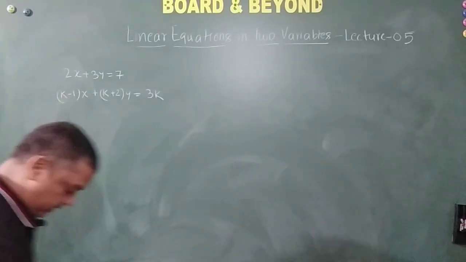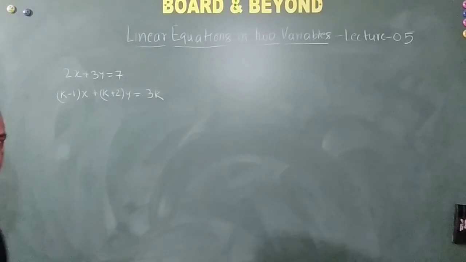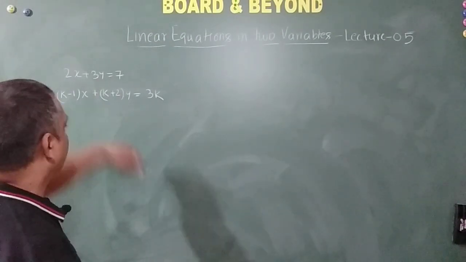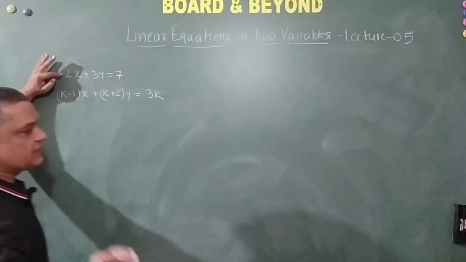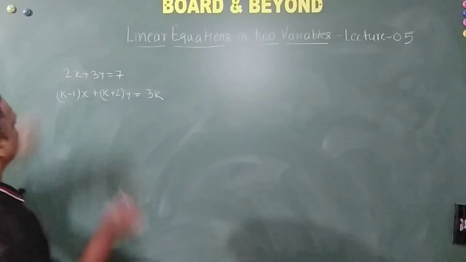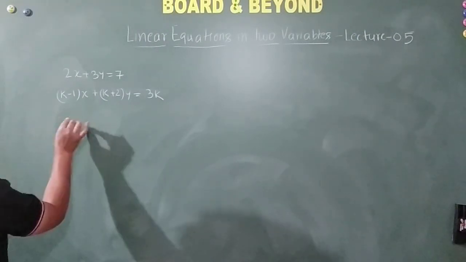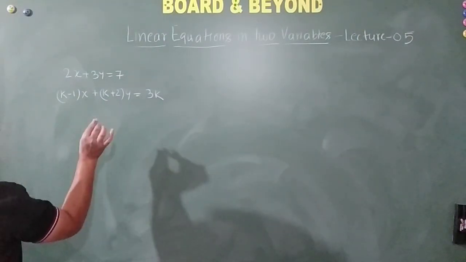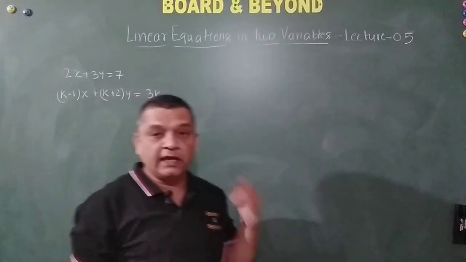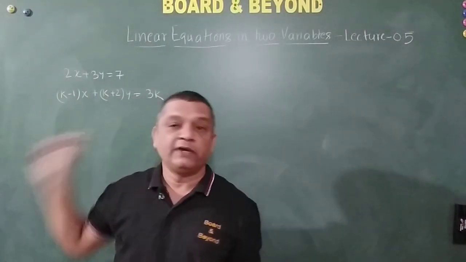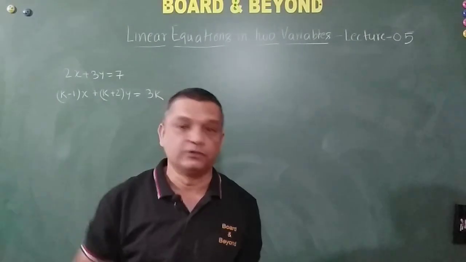So we have to find out the values of x and y. Okay, right, friends? So first we will cross check what kind of system this is, and we have to find out the value of k here, for which this system of linear equations will have infinitely many solutions.